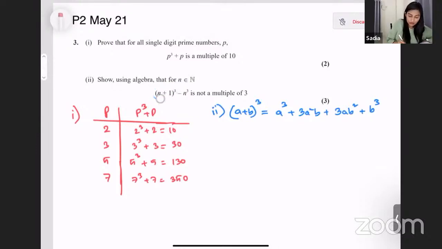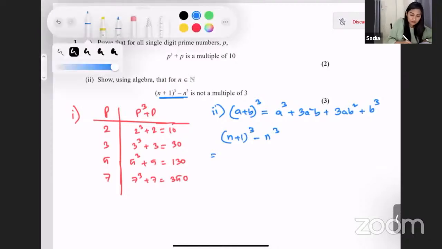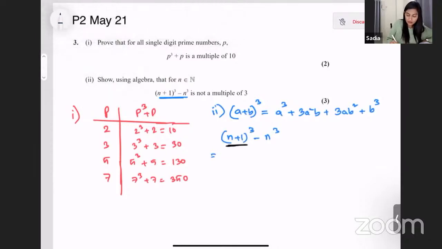So now I will just start with our problem, n plus 1 whole cube minus n cube. So this first portion, I will just use the formula. So n cube, 3n square into b, b is 1. So I can just exclude that one.